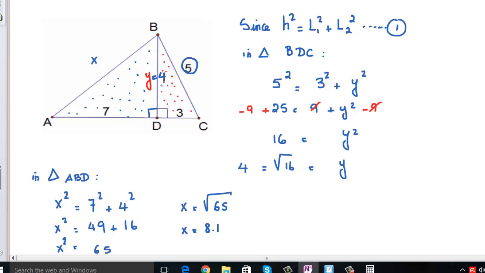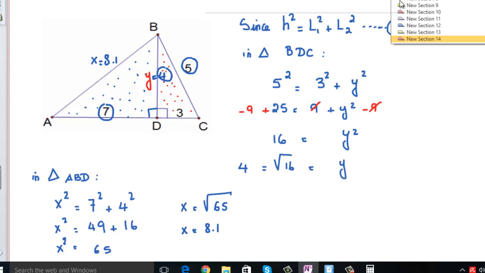That means my calculation of Y was correct. Again, let's see in this triangle. I have Y 4, I have leg 2 7, X I found it, it's 8.1. 8.1 is larger than 7, 8.1 is larger than 4, that means my work is correct.